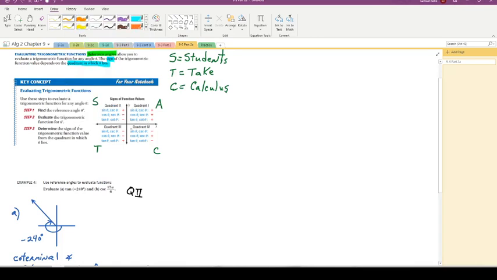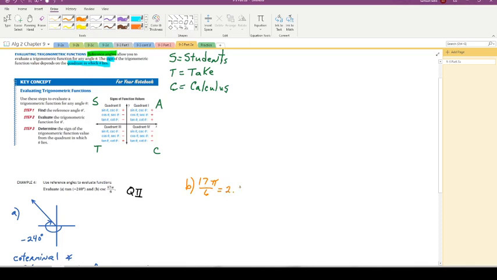Let's try this one. So let's do B over here. To do B, now we're talking in radians. Well, 17 pi over 6 is equal to what?